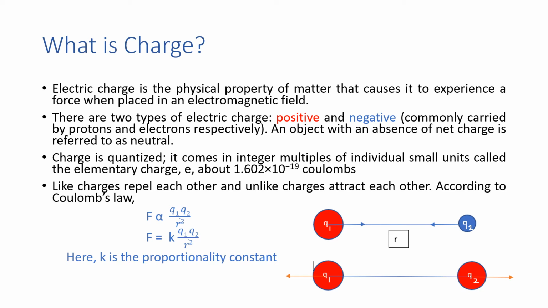So according to the law, q1 and q2 in the first picture should attract each other. That's also denoted by the blue arrow here, and the force should be proportional to the charges and inversely proportional to the square of the distance between them, r. In the second example, both charges q1 and q2 are positive, so the same charges repel each other, which is denoted by the outgoing orange vectors.